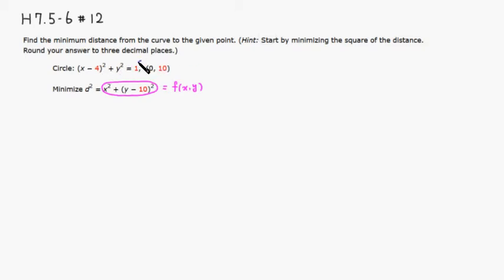I'm going to write it as 1 minus quantity x minus 4 squared minus y squared is equal to 0. This is our g of x comma y.